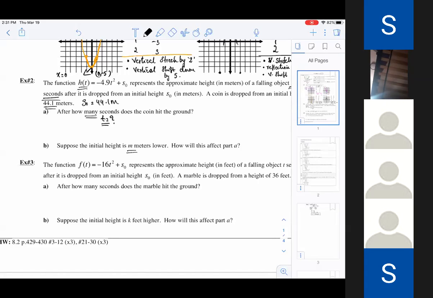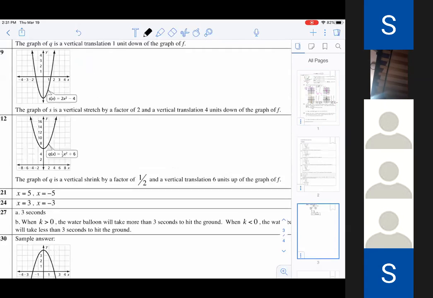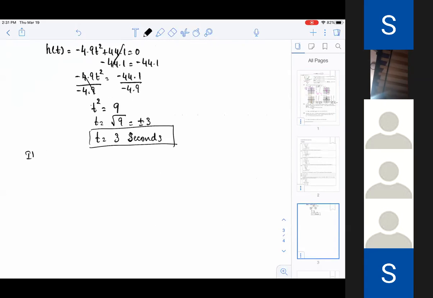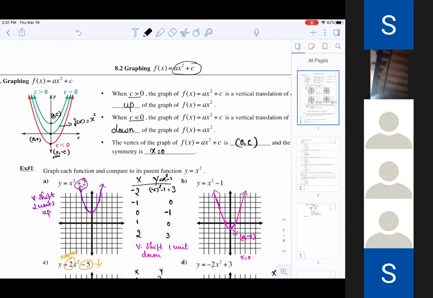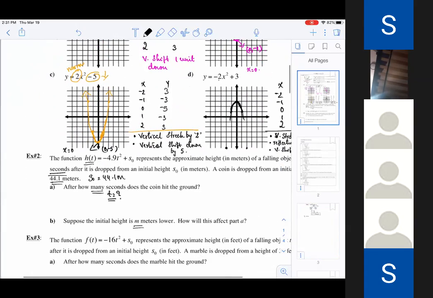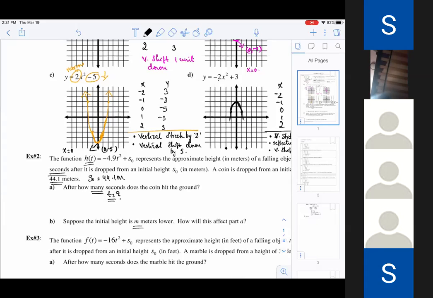This is the answer that the book is expecting. So you guys are going to say that if m is greater than 0, it doesn't say m is positive or negative. Does it say that? No. It just says that suppose the initial height is m meters lower.